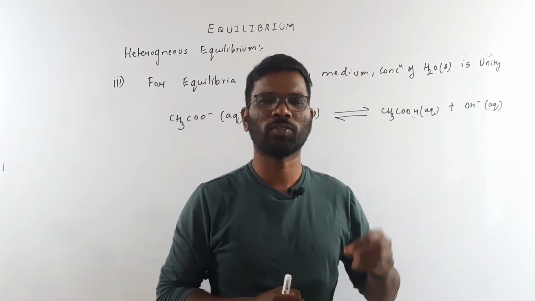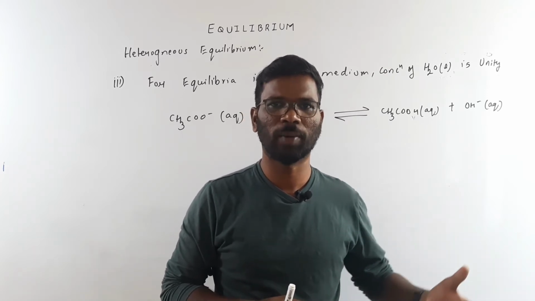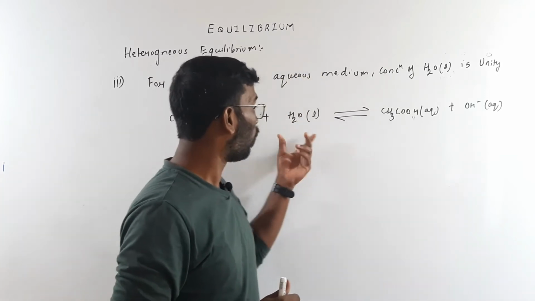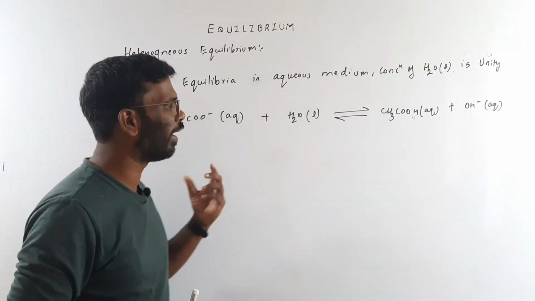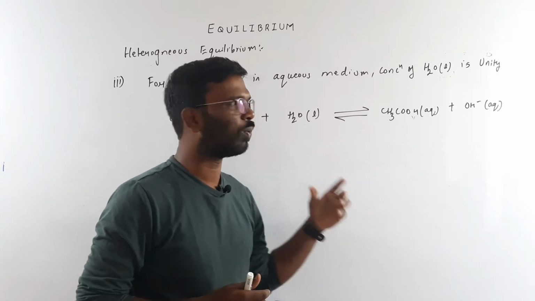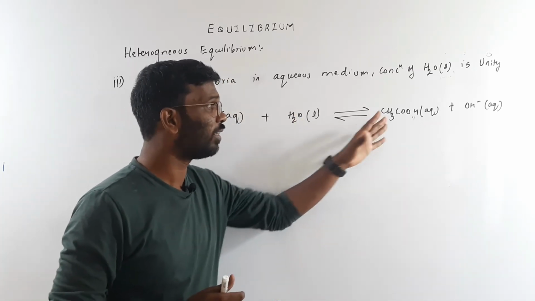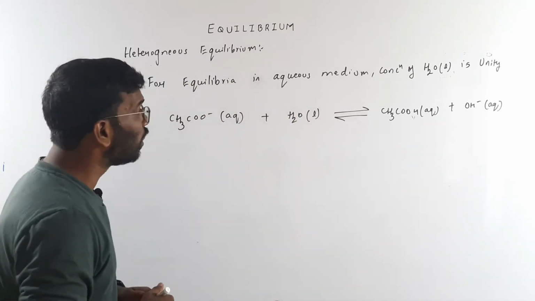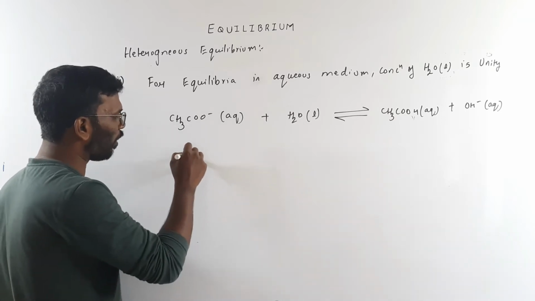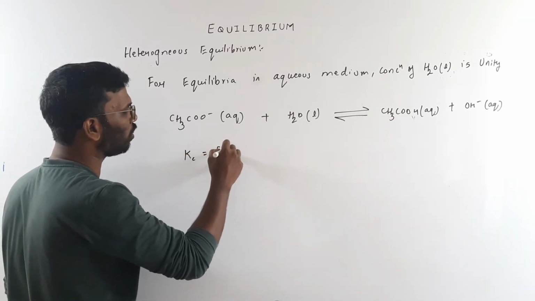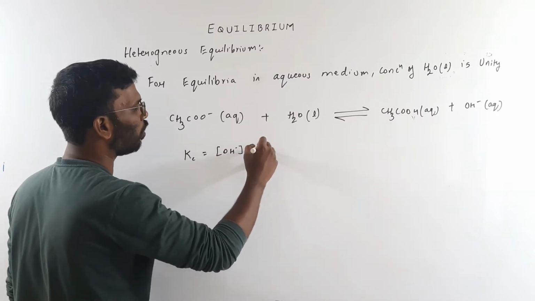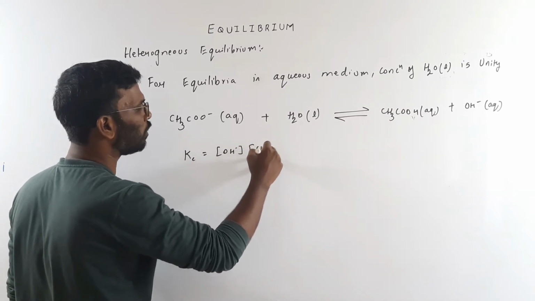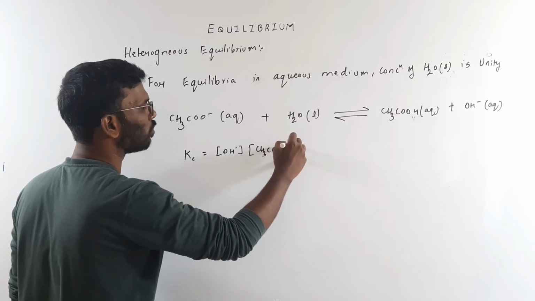Here water is in a very large amount and a very small amount of acetic acid is added and dissociated, and we get this equilibrium. So the equilibrium constant, if we write it directly, will be the concentration of OH minus times the concentration of CH3COOH.